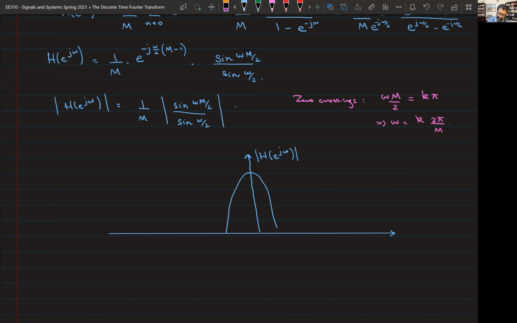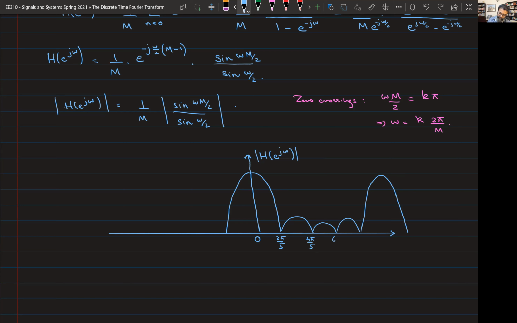So this has to be symmetric. So this and this and this. So this is 0. This is 2 pi by 5. This is 4 pi by 5.